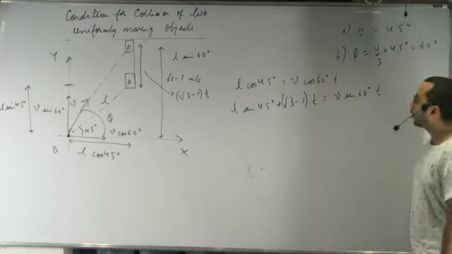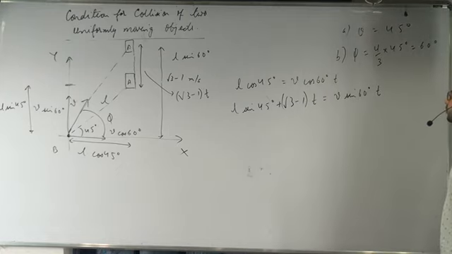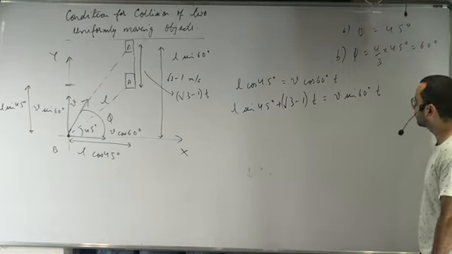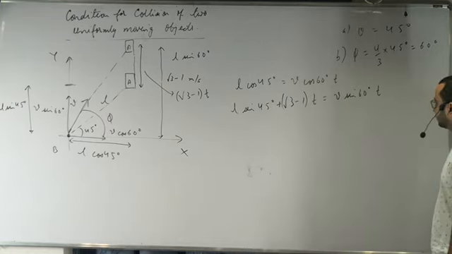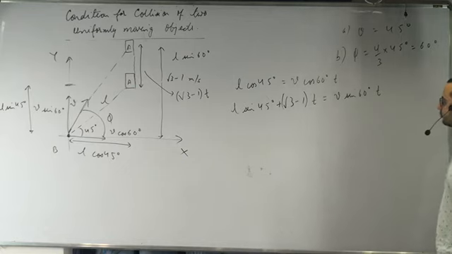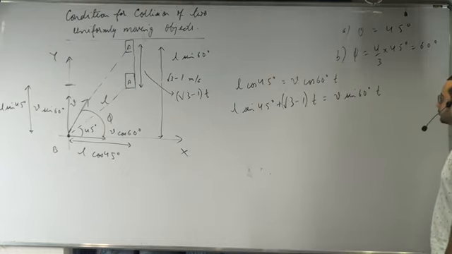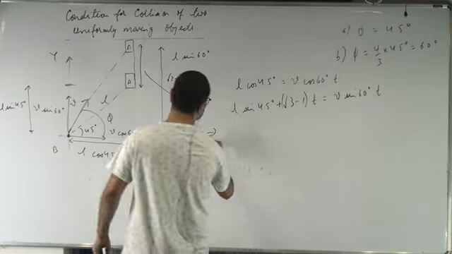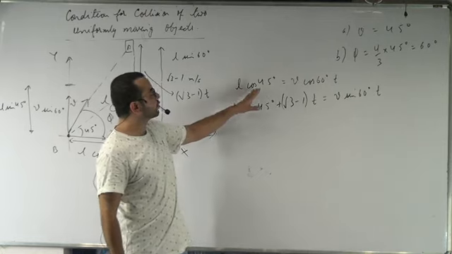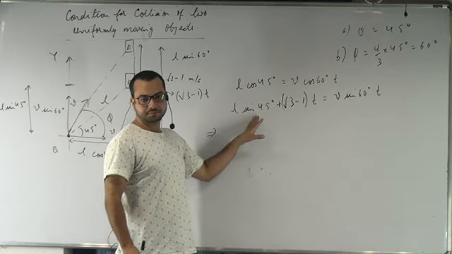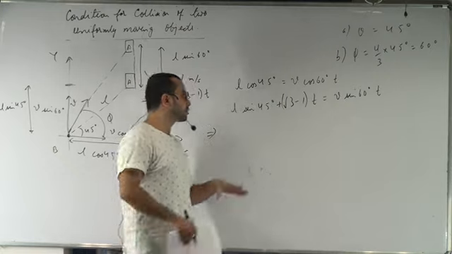Okay. Now what do we need to do? We need to find out V from here. If we need to find out V from here, how can we do that? L sin 45 and V cos 60 degree. Correct, that we can do. So what we can do is we can substitute L from here and then we can solve this equation. Okay.